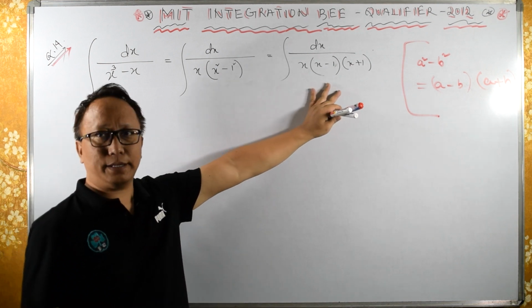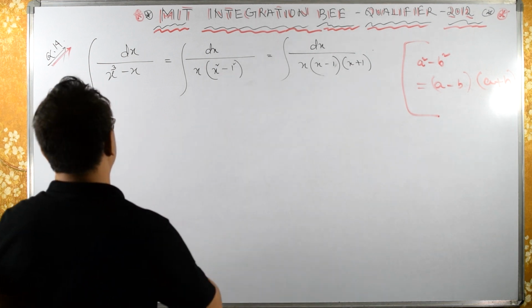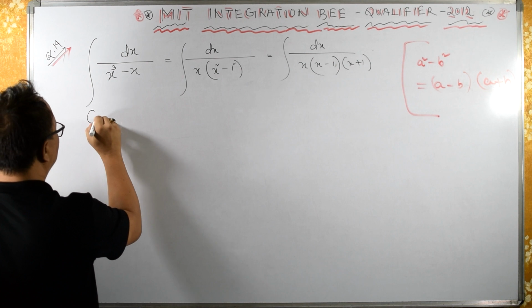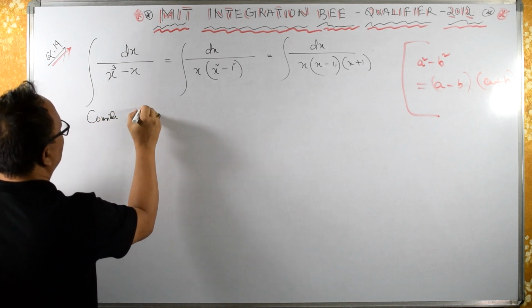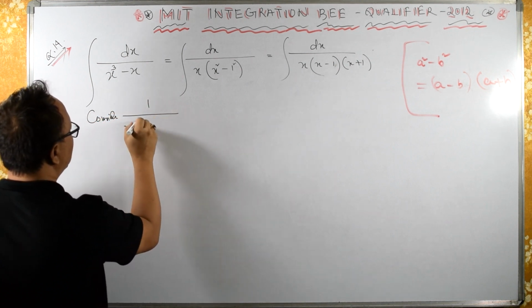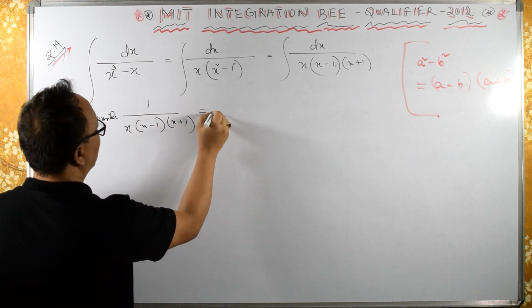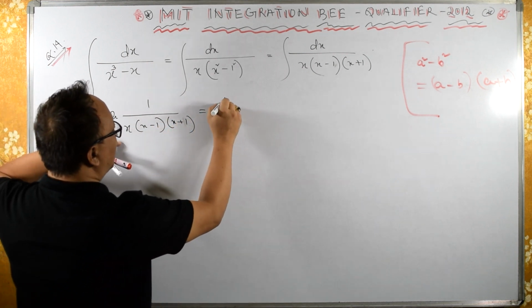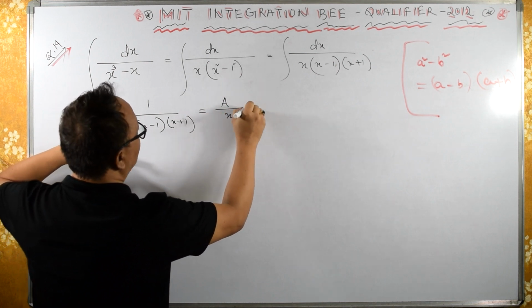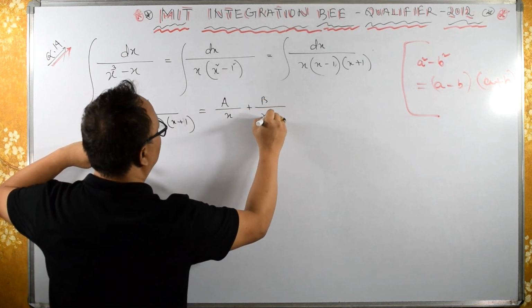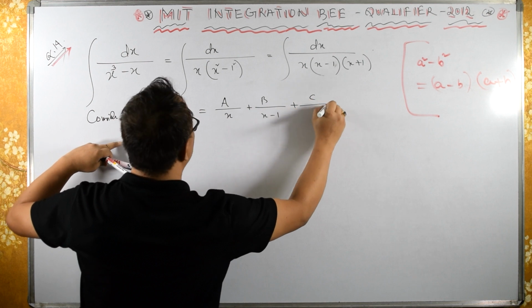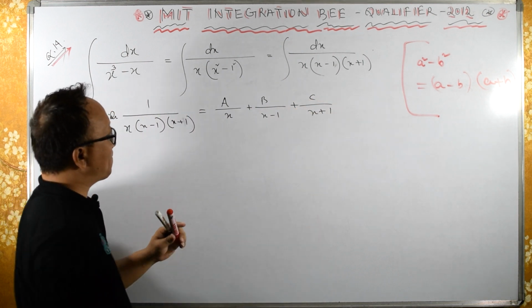Now from here let's apply partial fractions. Let's consider 1 upon x into (x minus 1) (x plus 1) is equal to, let's use some arbitrary constants, A upon x plus B upon x minus 1 plus C upon x plus 1.